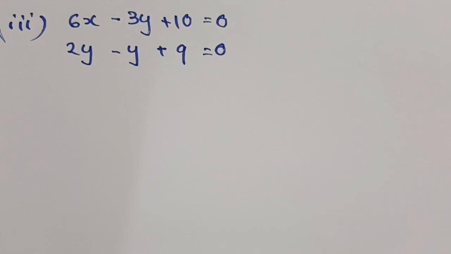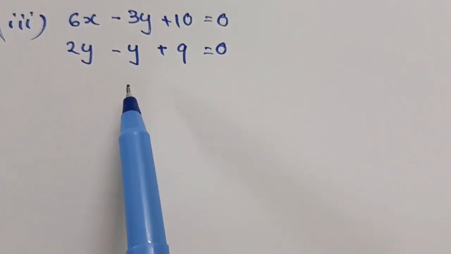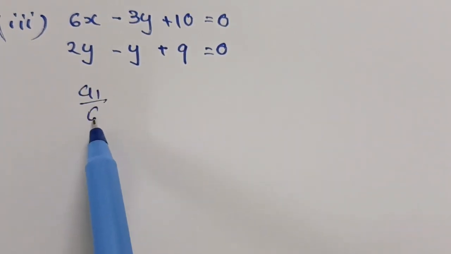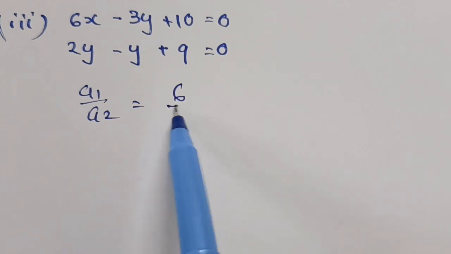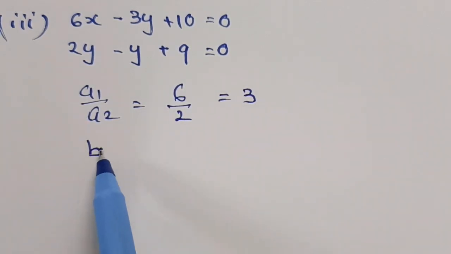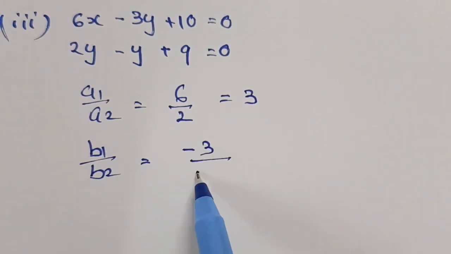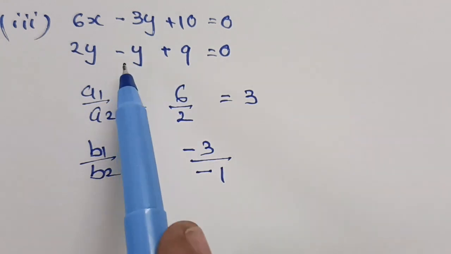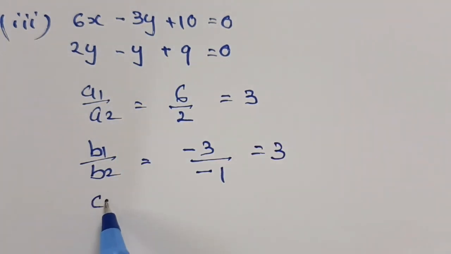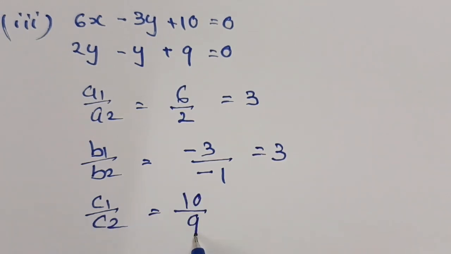Third question. 6x minus 3y plus 10 equal to 0, 2x minus y plus 9 equal to 0. a1 by a2 equal to 6 by 2. After cancellation, we get 3. b1 by b2 equal to minus 3 by minus 1, that is equal to 3. Now find c1 by c2. c1 by c2 equal to 10 by 9.